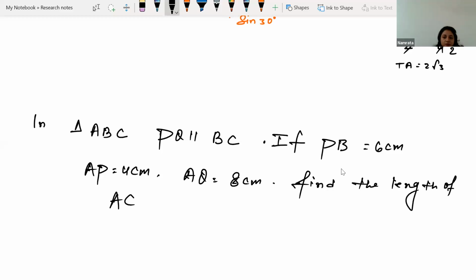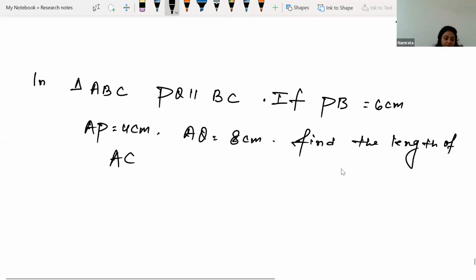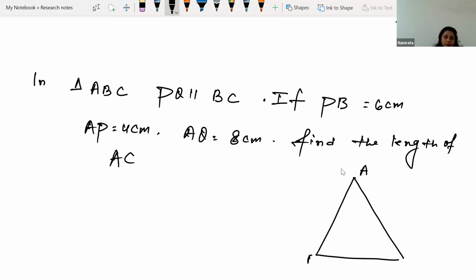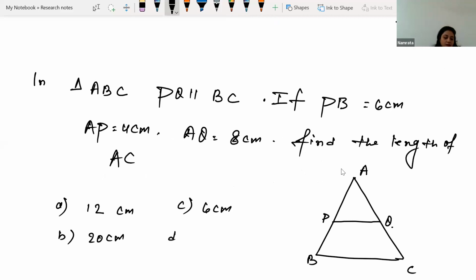Let me draw the figure, then you will be able to understand. A, B, C, this is P, Q. So the options are 12 centimeter, 20 centimeter, 6 centimeter and 14 centimeter.